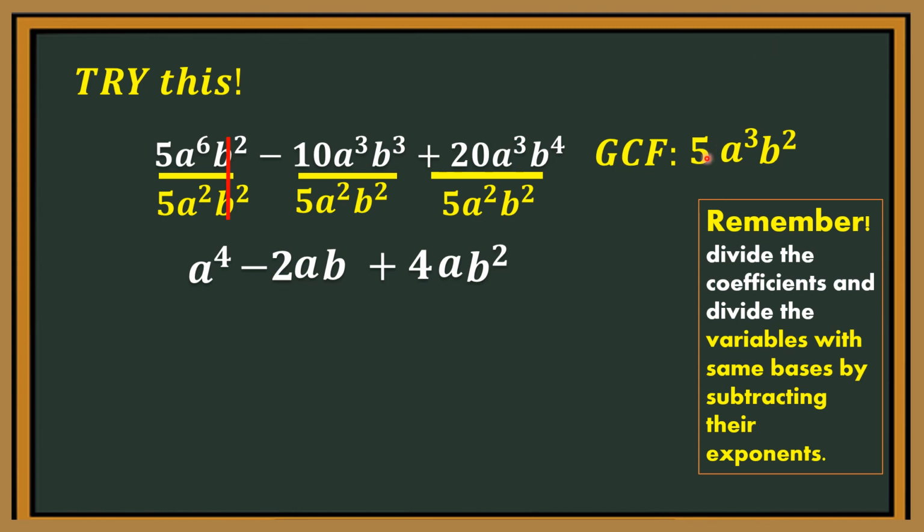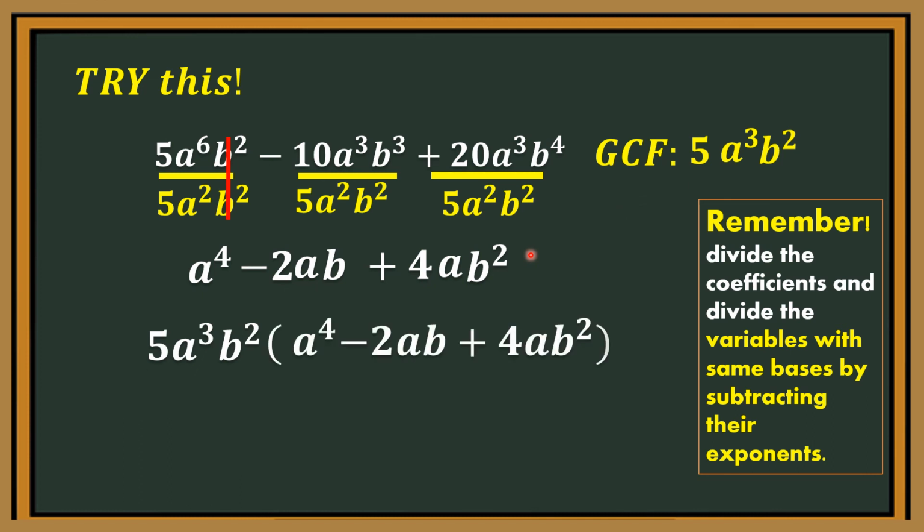Let us put them together. First factor is 5a cubed b squared. The second, the quantity of a raised to the fourth power minus 2ab plus 4ab squared.